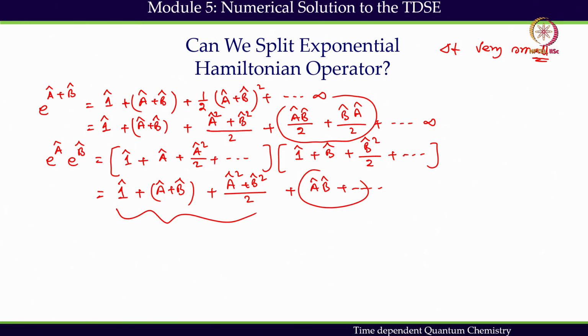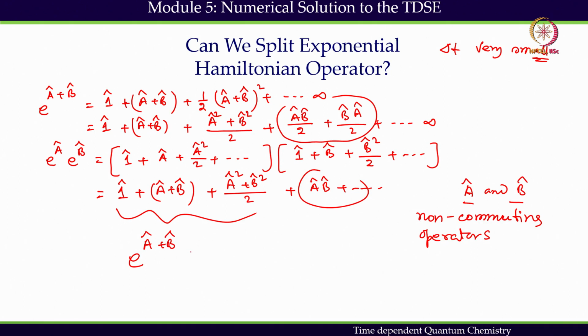So, it is quite clear that as long as a and b are non-commuting operators, the definition of commutators of a pair of operators, we have shown that in the previous module. So, we are using that definition. So, if a and b are non-commuting operators, then we cannot write down this equality.